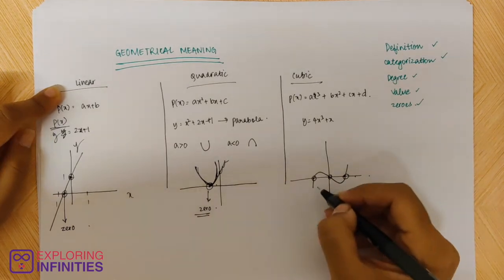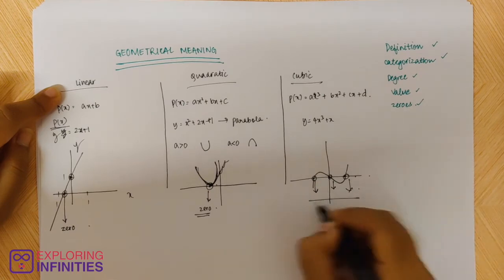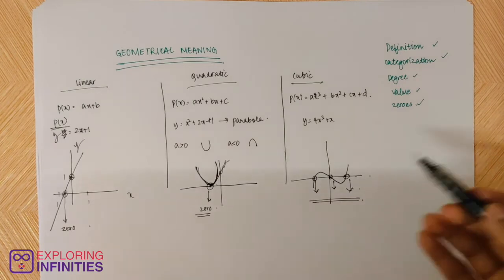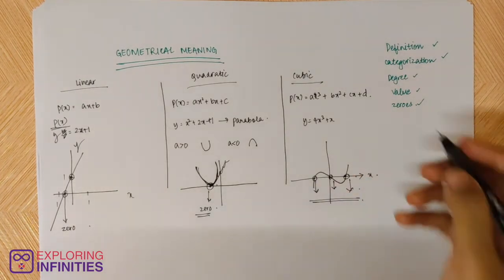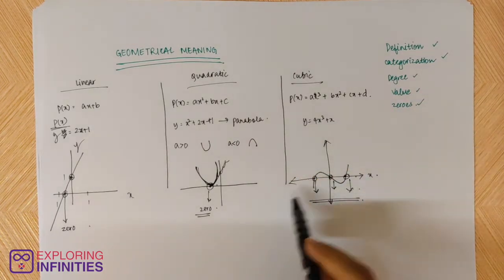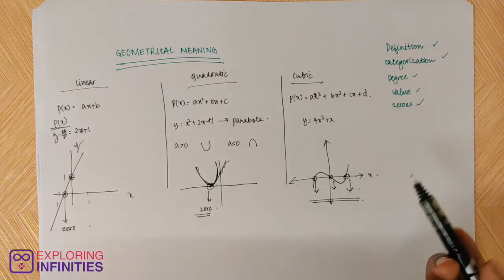So this is 1 zero, this is another zero, this is another zero. The number of points at which the graph intersects the x-axis is very important. It doesn't matter how many times it intersects the y-axis. The number of times it intersects the x-axis is the number of zeros that the polynomial has.